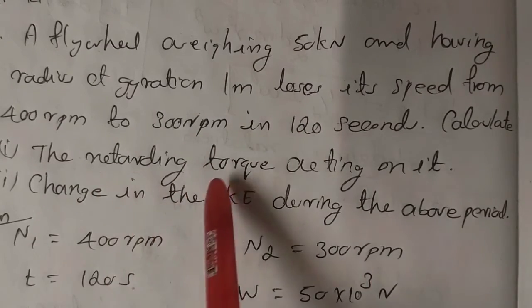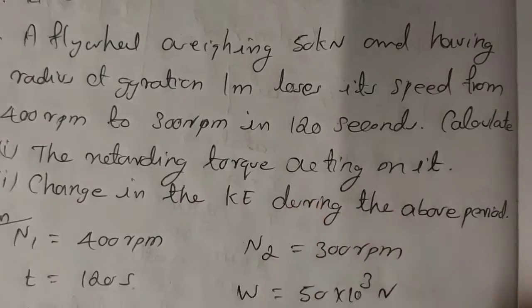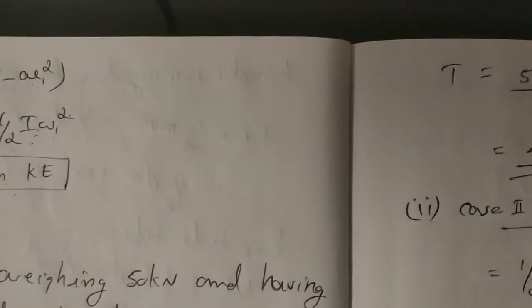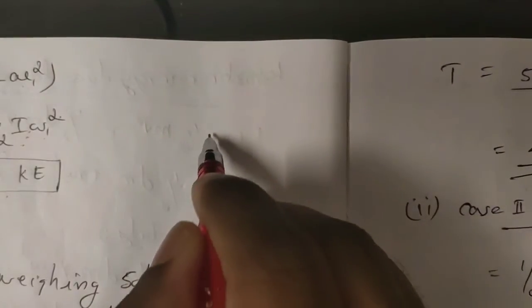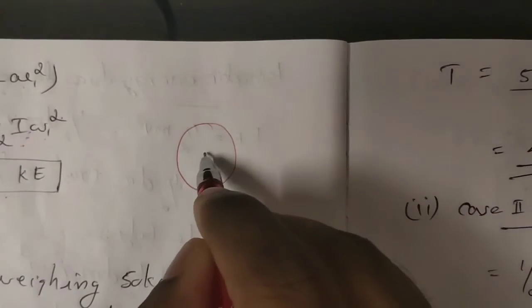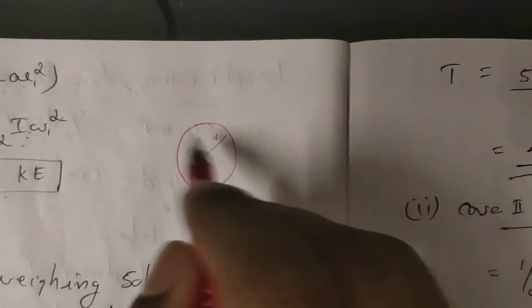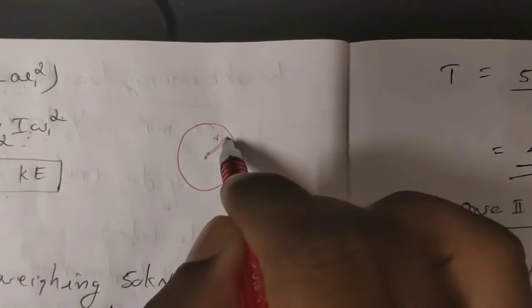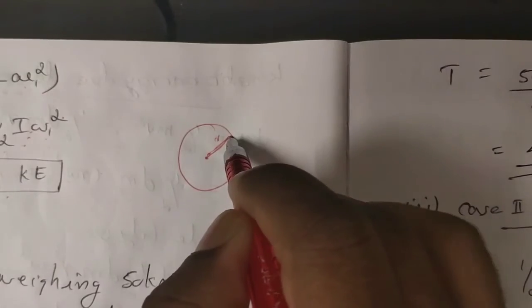What is radius? If we are considering a circle, and if this is a circle, we call this the radius. In a circular body, from the center to the outermost portion is called the radius.